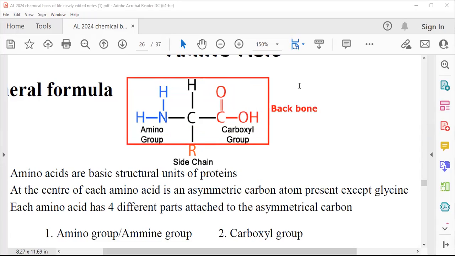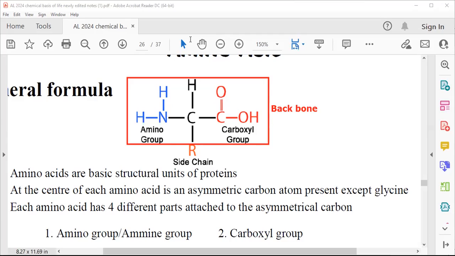Those who have not marked, please mark the backbone. Other than the backbone, what remains is the R part. That R part is called the side chain.